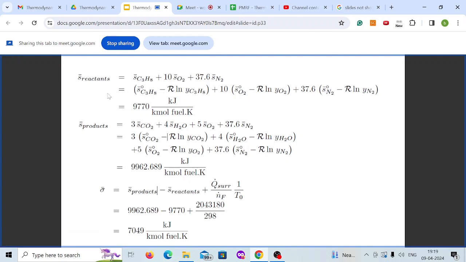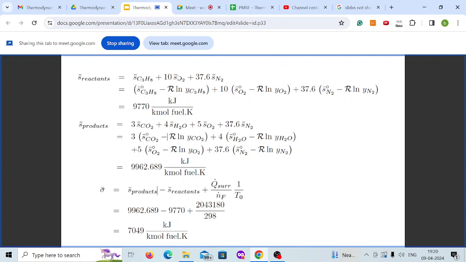First, the reactant entropy is the entropy of propane plus the entropy of air. For 1 mole of propane, it is 1 into the entropy at 298 Kelvin minus R into the entropy of mixing, so minus R into ln of your mole fraction.